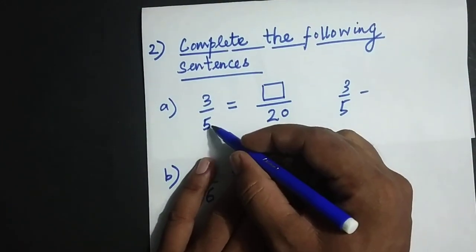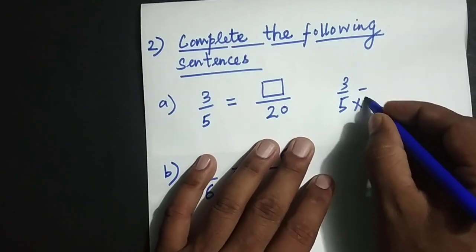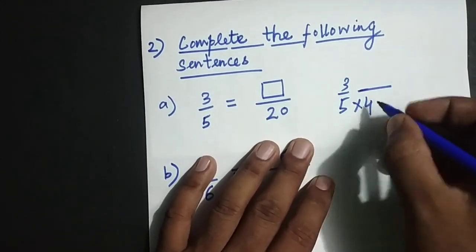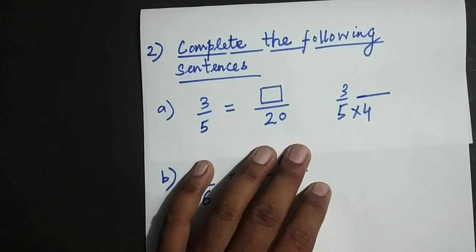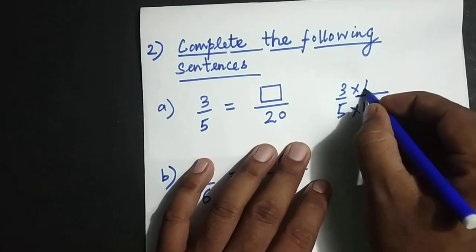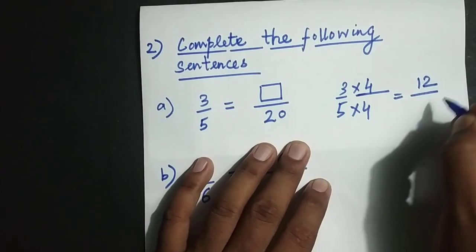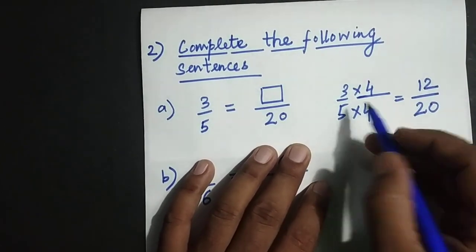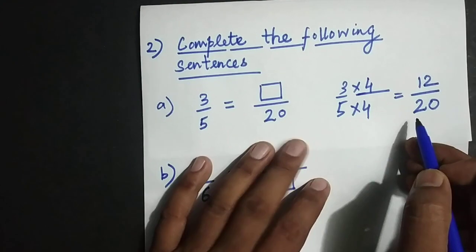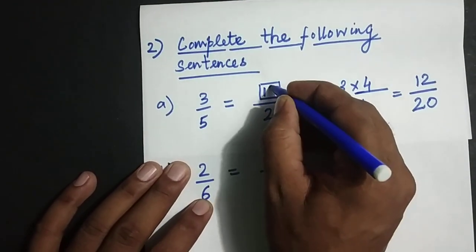If we multiply 5 by 4, if the denominator is multiplied by 4, we will multiply the numerator by the same number. So what we get here is 12 and 20. 3 fours are 12, 5 fours are 20. It means the answer would be 12.